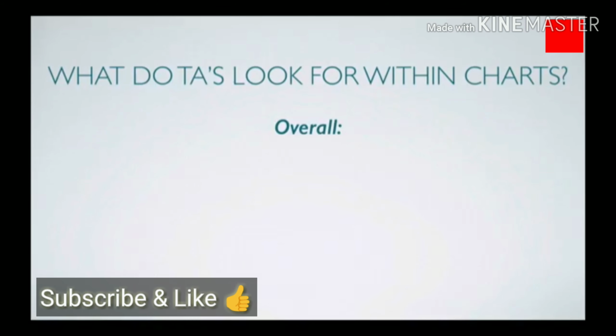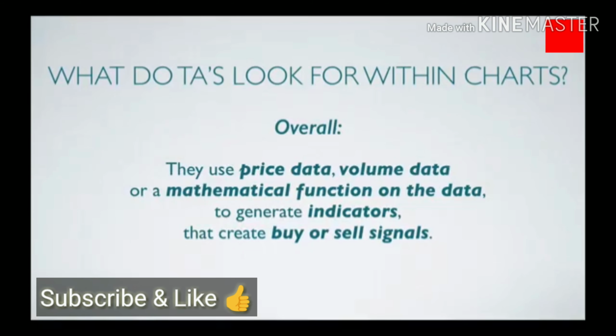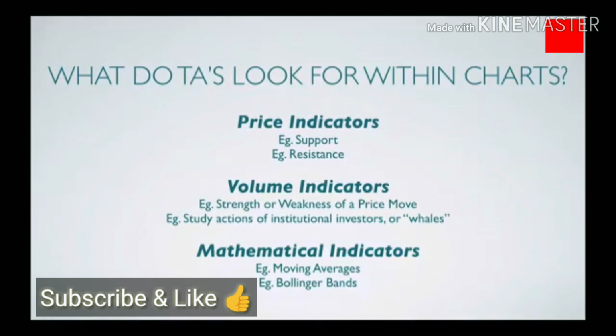So what do TAs look for within their charts? Overall, they use price data, volume data, or a mathematical function on that data to generate indicators that create the buy or sell signals for their investment decisions. Now, when we talk about price indicators, that introduces topics such as support lines or resistance lines, or support prices or resistance prices.